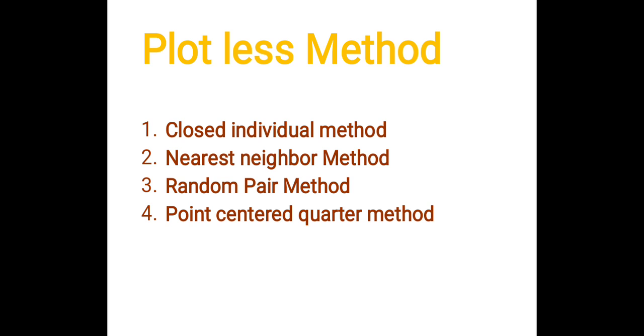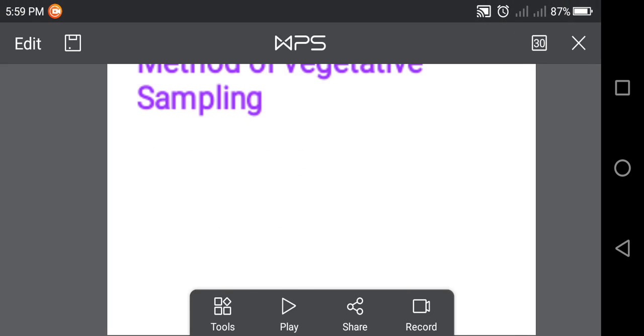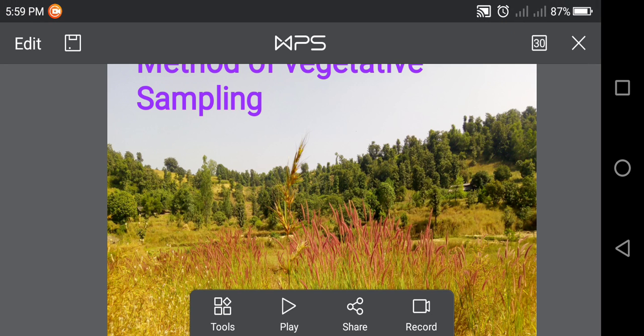So this was vegetation sampling methods. We learned three methods. The first is the quadrat method, where we learned the subtypes: list quadrat, count quadrat, chart quadrat, and clip quadrat.